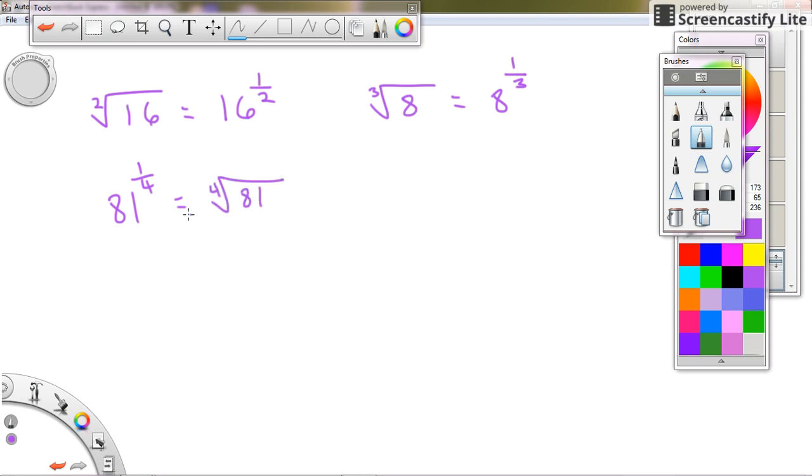And again, just to remind you, that's asking the question, what number times itself 4 times equals 81? Okay, and that number's 3. So the fourth root of 81 is 3. It's the number that you need to multiply times itself 4 times to equal 81. And another way of writing that is just saying 81 to the 1/4 power. It's quicker and a little bit cleaner.